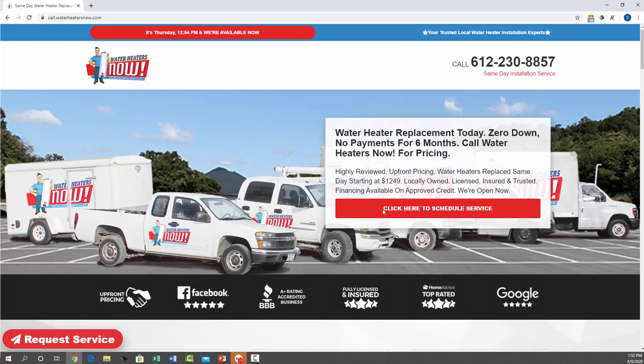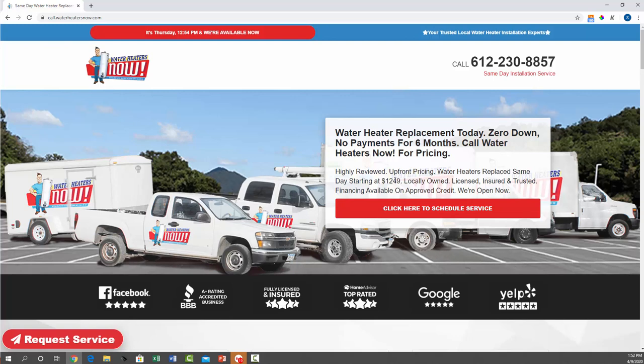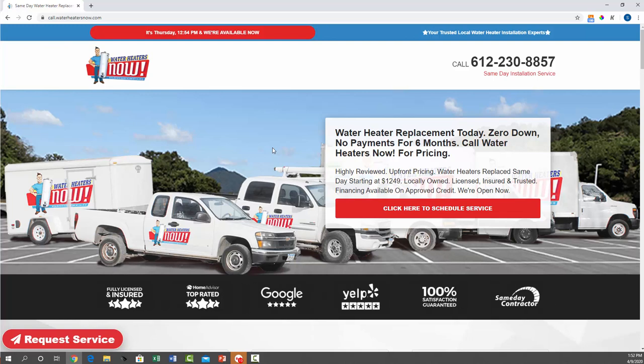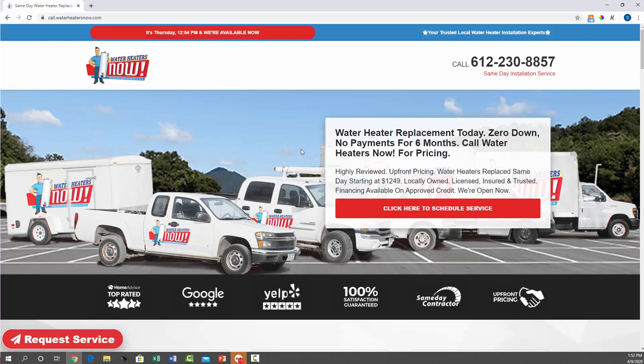So I have all those components built in here, and it's very important that the ad copy matches what the homeowner sees here on the landing page. You have to give them a consistent and unified experience. When you do that, not only do your response rates go up, but your conversion rate will increase as well. So I have my offer from my ad follow through here.